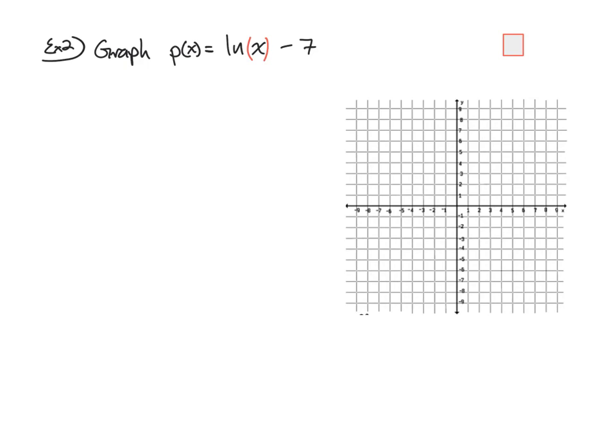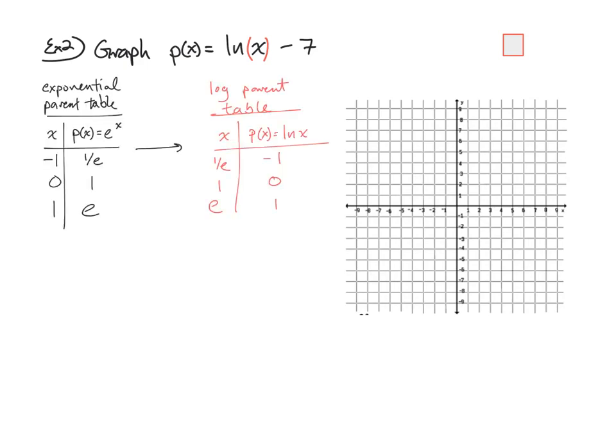All right, here we go. Exponential table and log table. Here they are. So it is important to remember that the base for this log function is e. Natural log has base e.